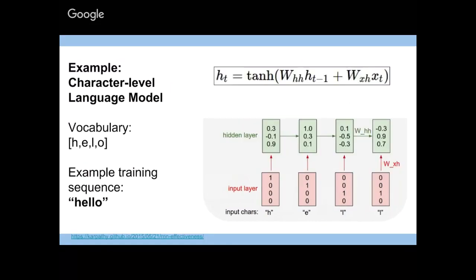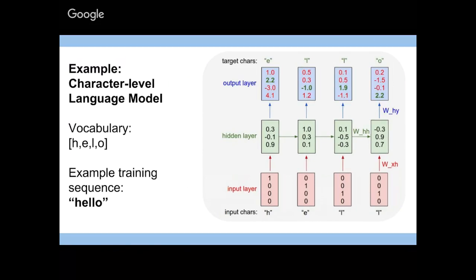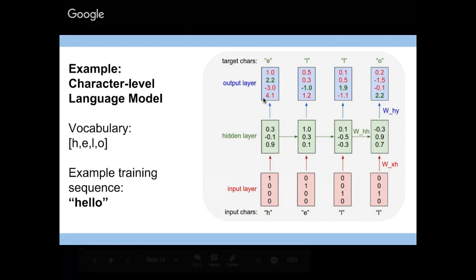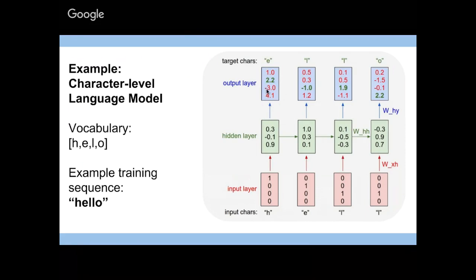You would initialize the weights for the input and the weights for the hidden state. Then you go through the training process and output, here not a softmax but a score for the next letter. In the first step it's supposed to predict E, but right now it's predicting something like O, I think.